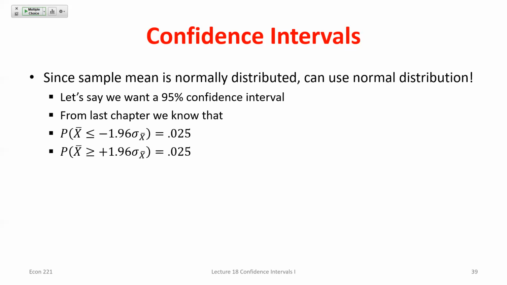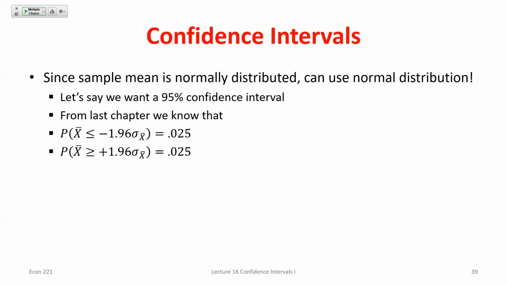If I were to see a sample mean that is less than 1.96 standard deviations away from the true population mean, so let's say I take one sample and it's somewhere in this range, less than 1.96 standard deviations below the mean, and I then build a confidence interval by taking that sample mean and going out 1.96 standard deviations to the left and the right of it, notice it was only about 1 standard deviation below.